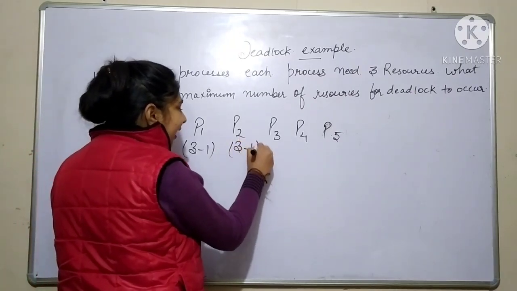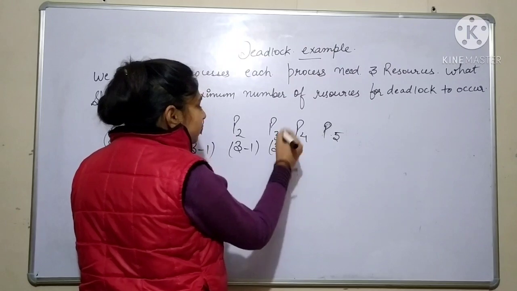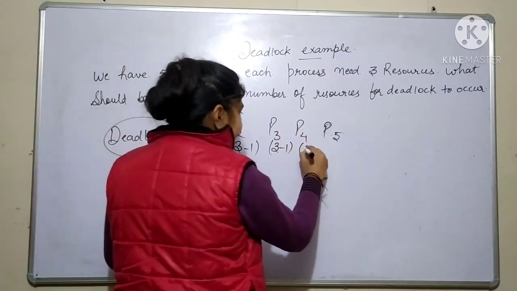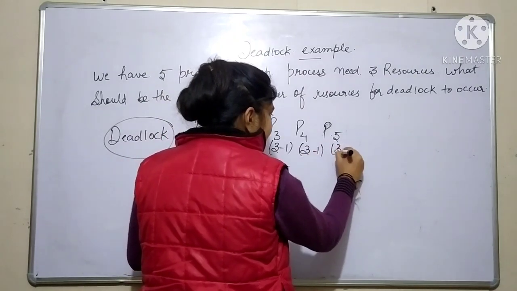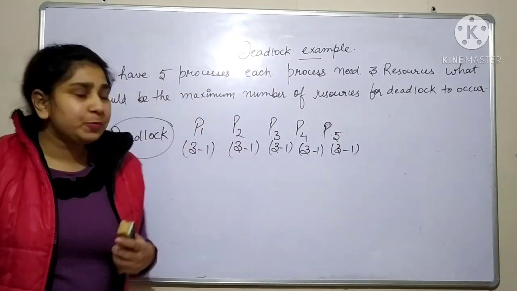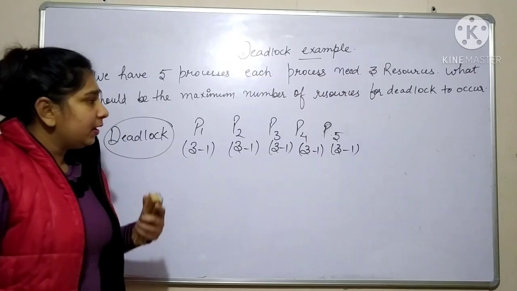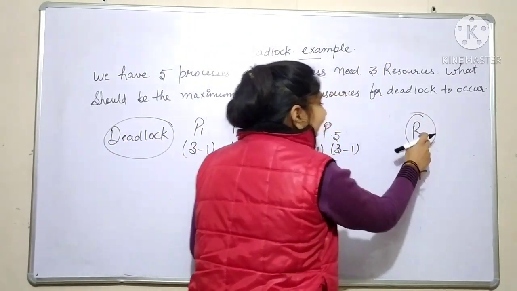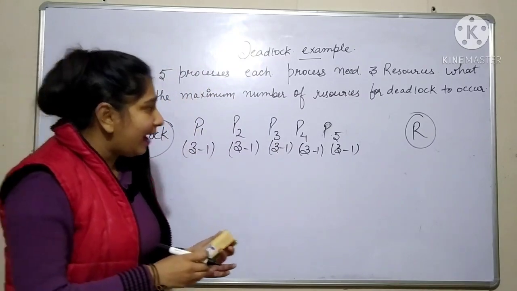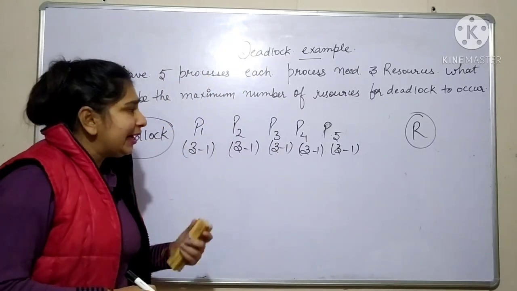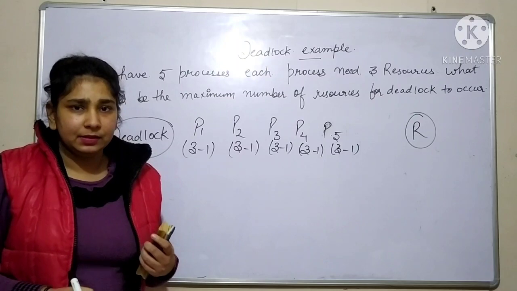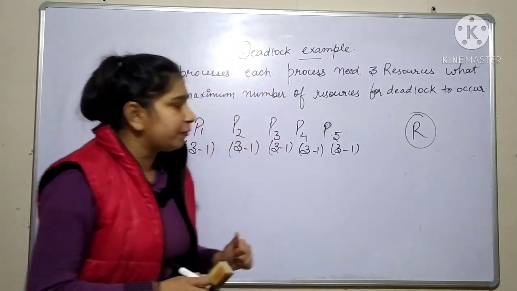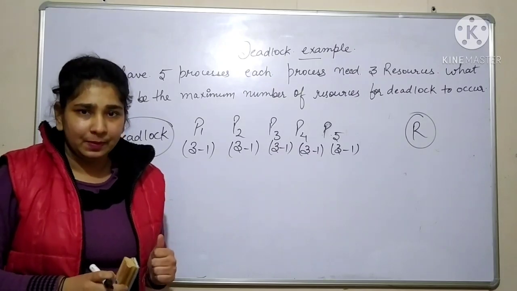I am assigning each process 1 resource less than its requirement. Let's suppose I have resource R, and I have multiple copies of this resource R.